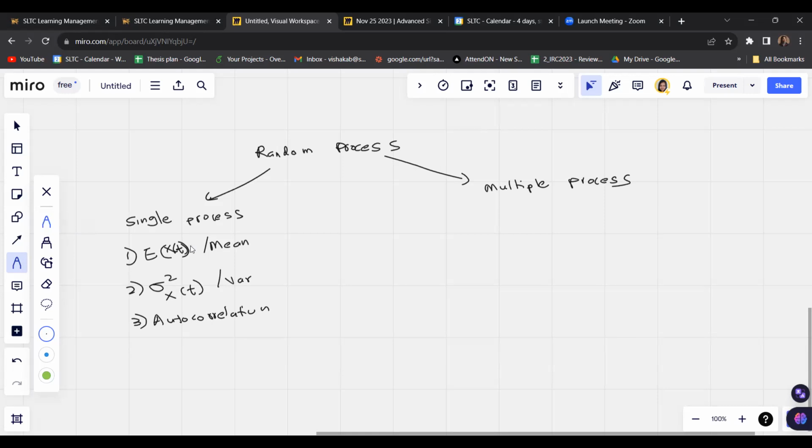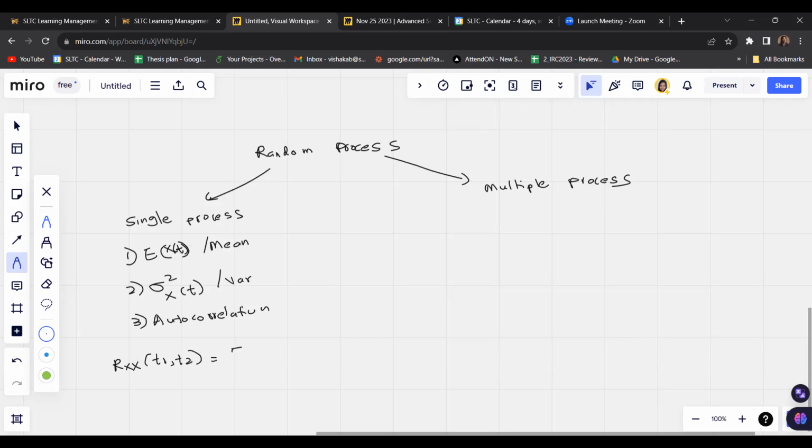In the last class I discussed this autocorrelation part. In addition to that, I would like to give some more definitions related to the statistical definition of the autocorrelation function. The autocorrelation function we defined as Rxx, T1, T2, right?